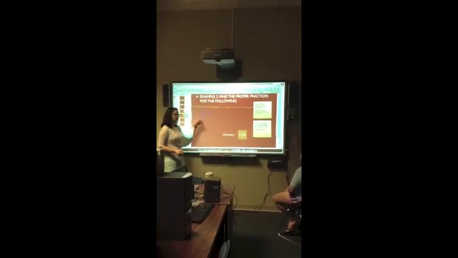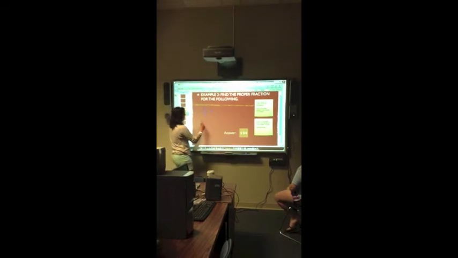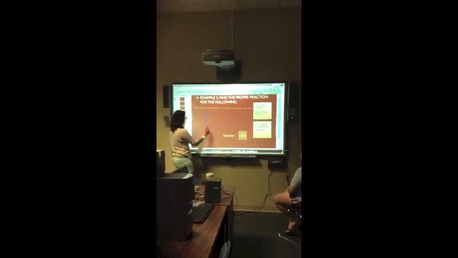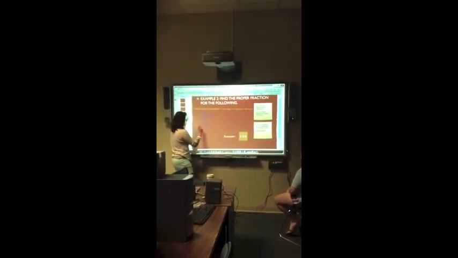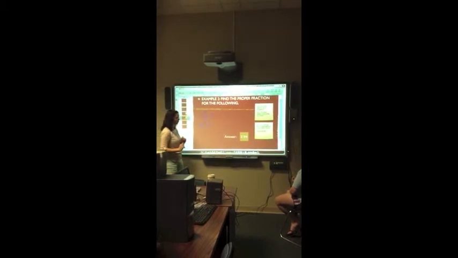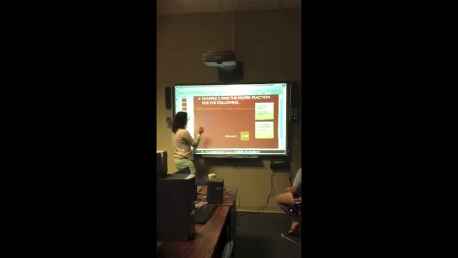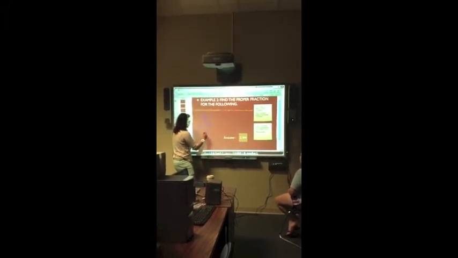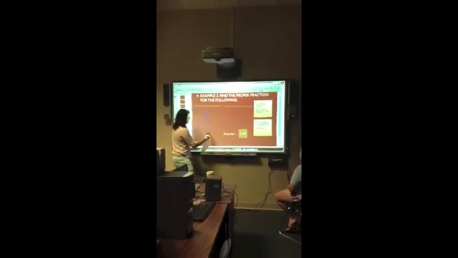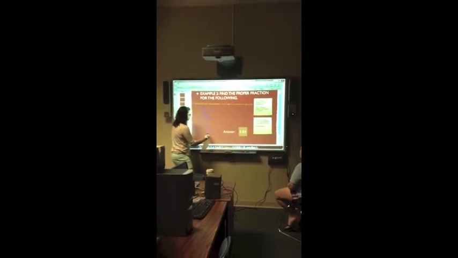Our denominator is 4, so we'll say 11 divided by 4, which is 2. Now, if we have 2 times 4, we get 8, right? And we have a remainder, which is 3. Correct.